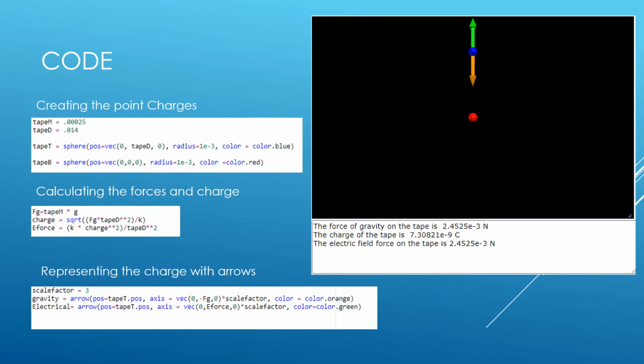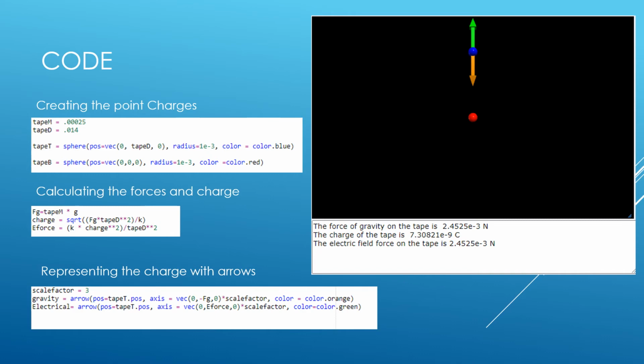So in my code, I broke it down into 3 parts. The first part, I was just creating the point charges, which I made both spheres. I had one at the origin, and then one of them was 0.014 meters above, like in the lab. And then I calculated the forces, making each one its own variable and just putting the equation into GlowScript.